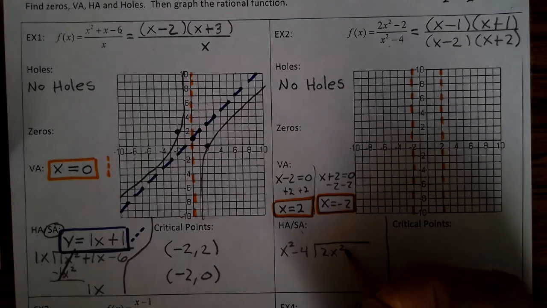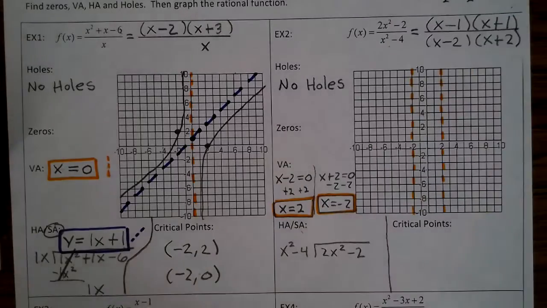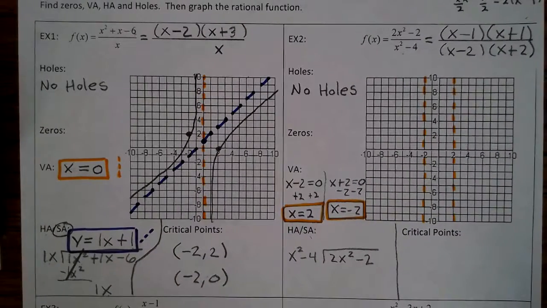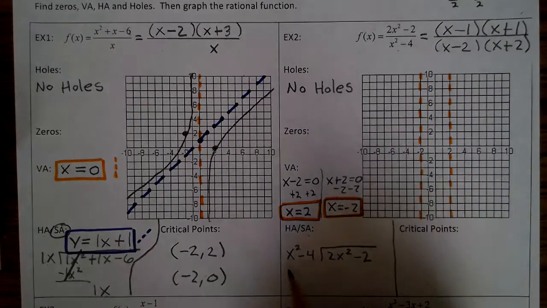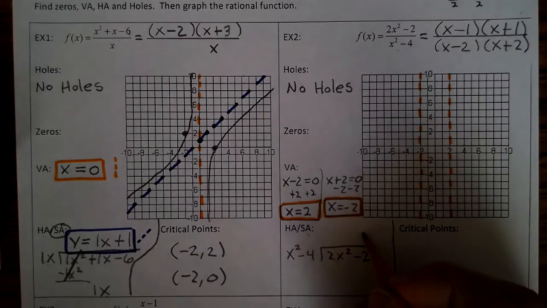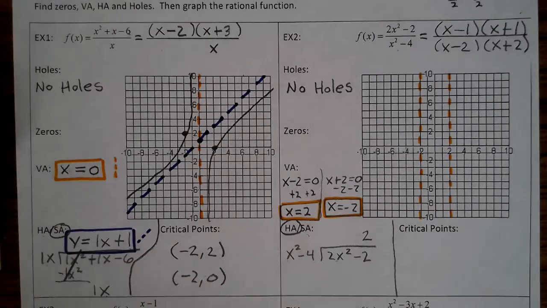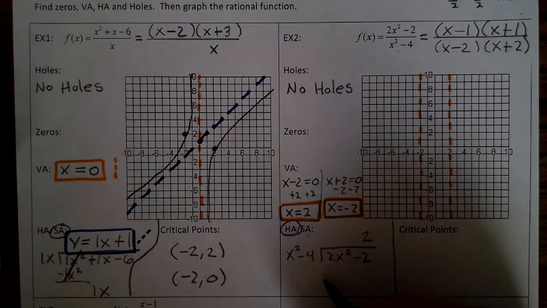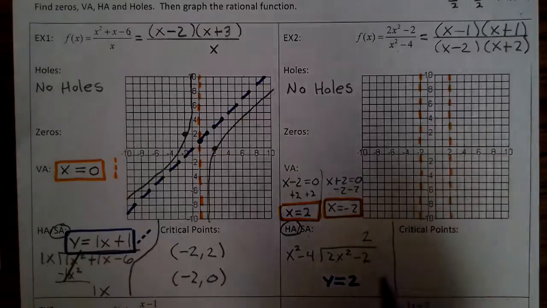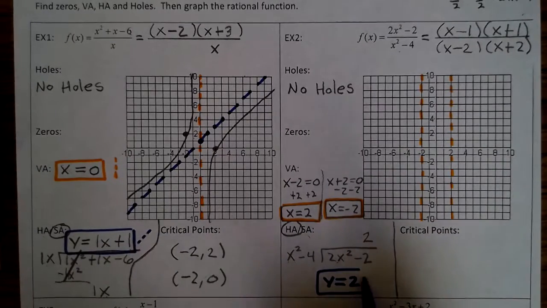The question you ask yourself is, what do you multiply x squared by to give you 2x squared? The answer to that is 2. There's no x, so there's a horizontal asymptote at y equals 2. That's just a horizontal line at y equals 2.